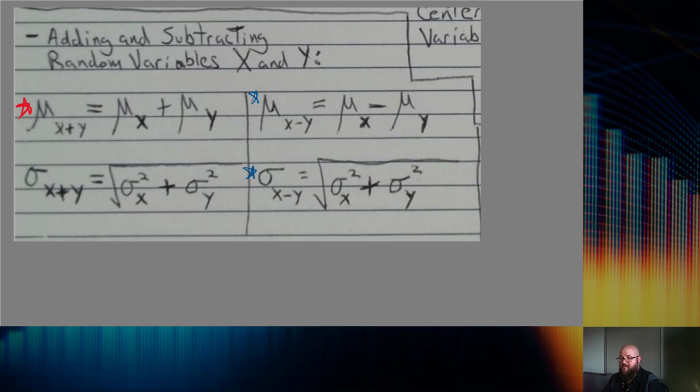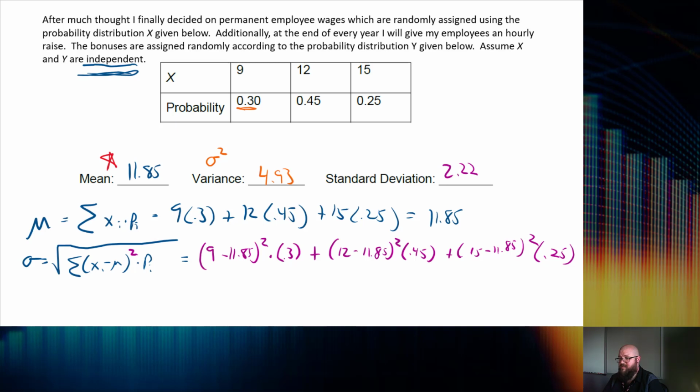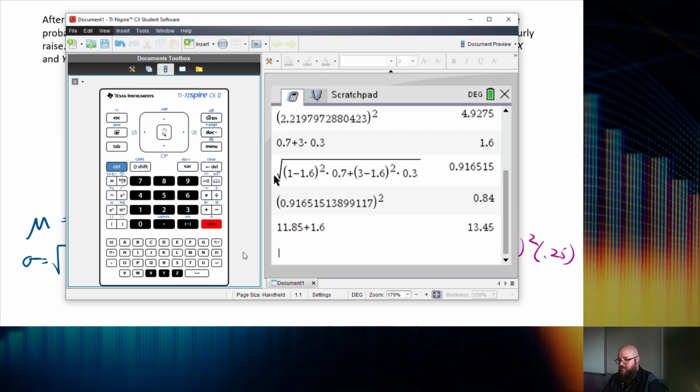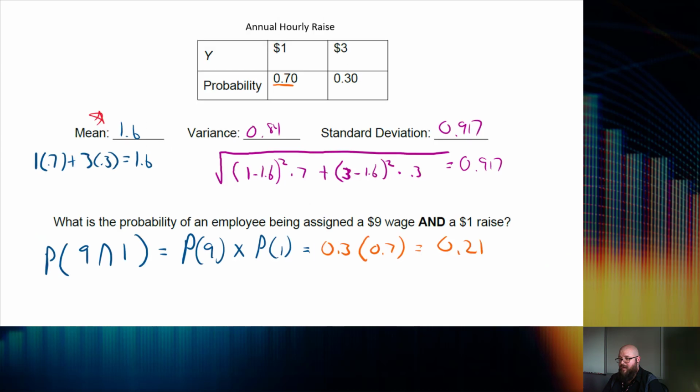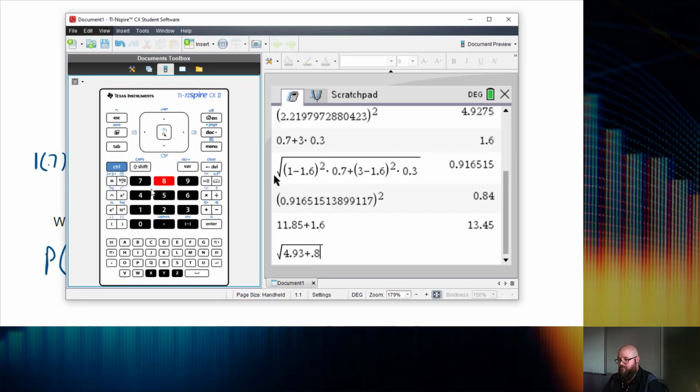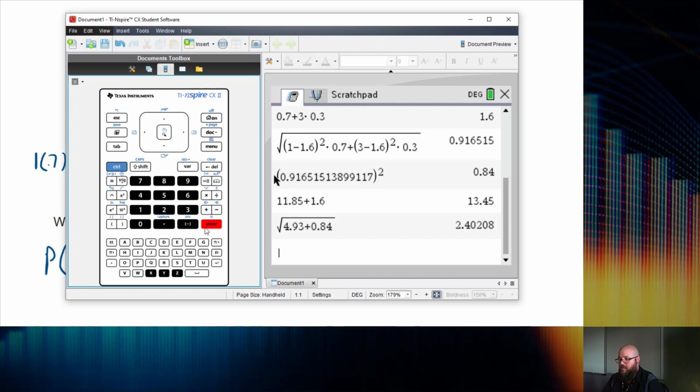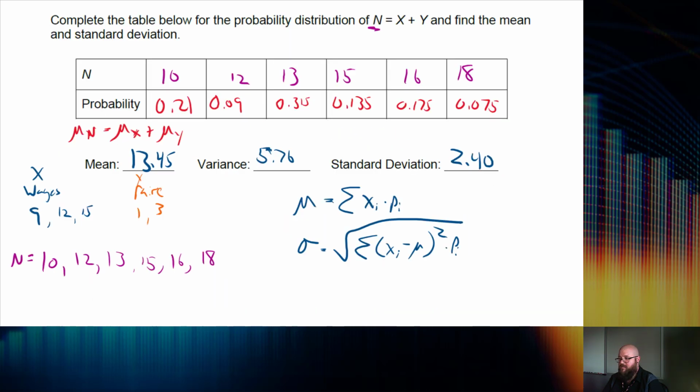The variance of x was 4.93, plus the variance of our y's, which was 0.84, and we should get 2.4 for the standard deviation of our n values, which we did.